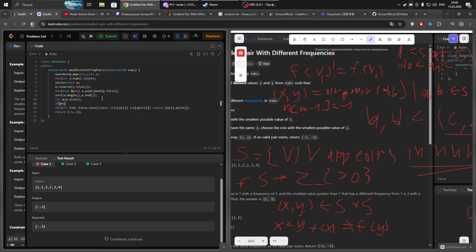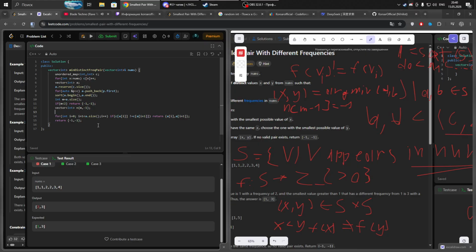If m is lower than 2, we return minus 1, and then vector int n of size m minus 1.